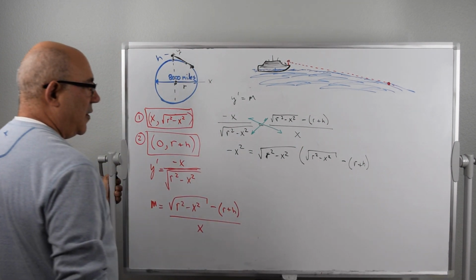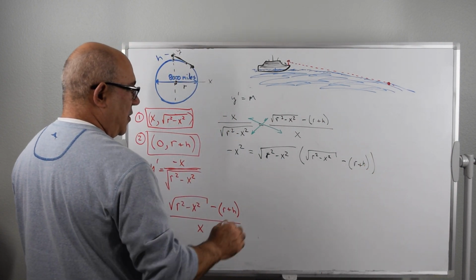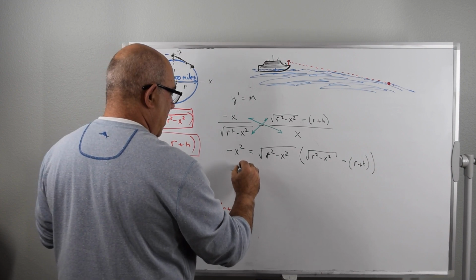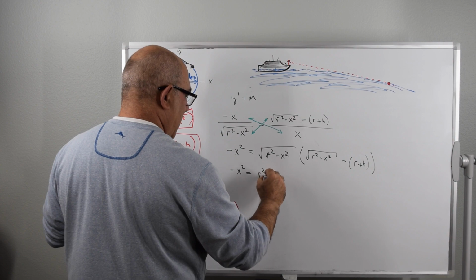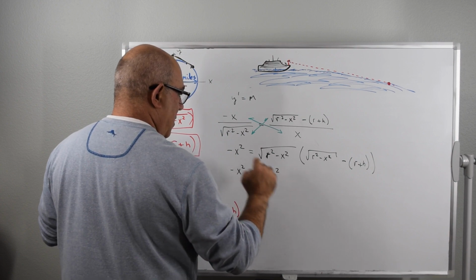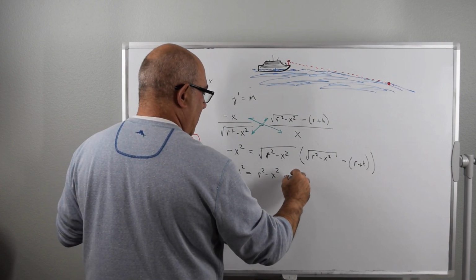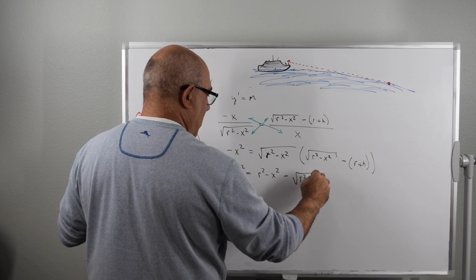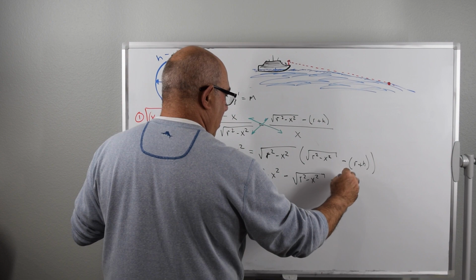Okay, so now we have to dig x out of this. The first thing we're going to do is multiply this through. We get minus x squared equals this times this, which is just r squared minus x squared. And we have to multiply this through this. We get a minus square root of r squared minus x squared, right? Minus r plus h.